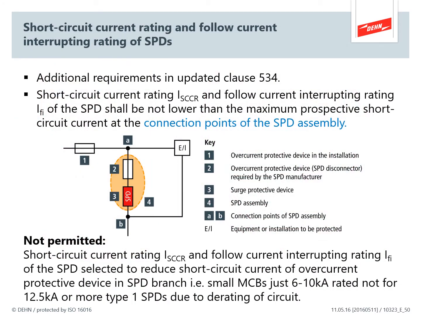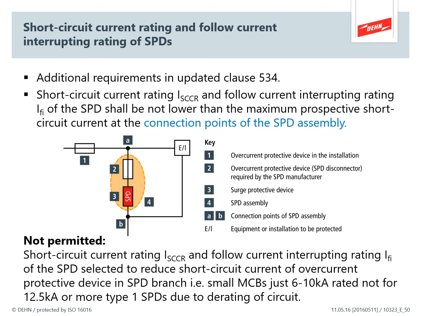So bear in mind everything we've just been talking about on the fuse rating. It is a requirement of the standards that we need to consider not just the SPD, but the whole SPDA, or surge protection device assembly. So in that circuit from A to B, if I've got a type 1 device rated at 12.5 or 25 kA, then the overcurrent protection device must be able to withstand that.